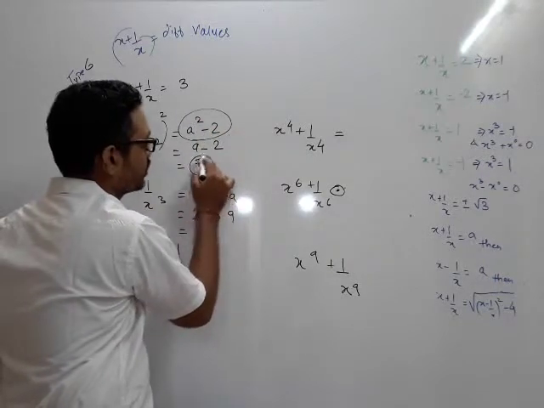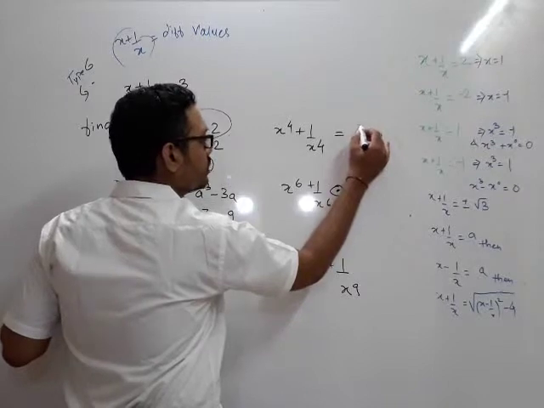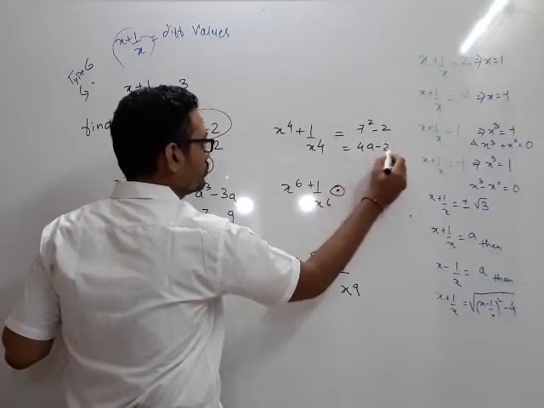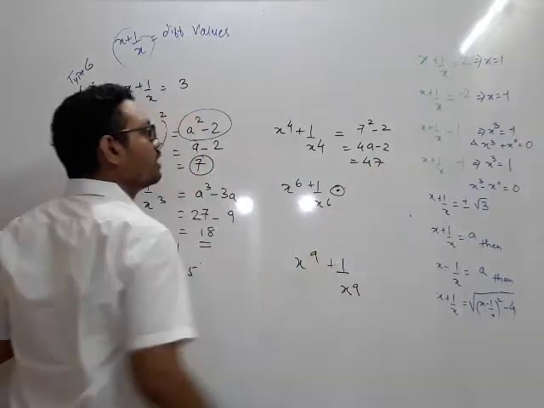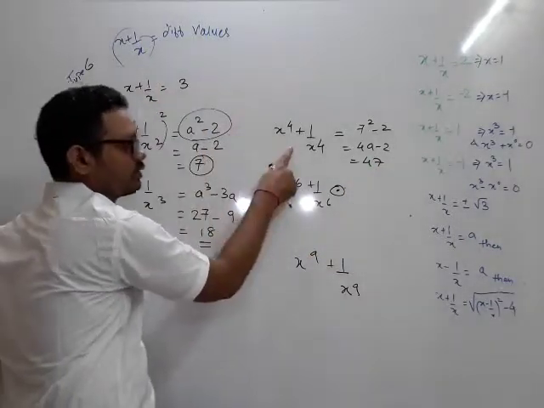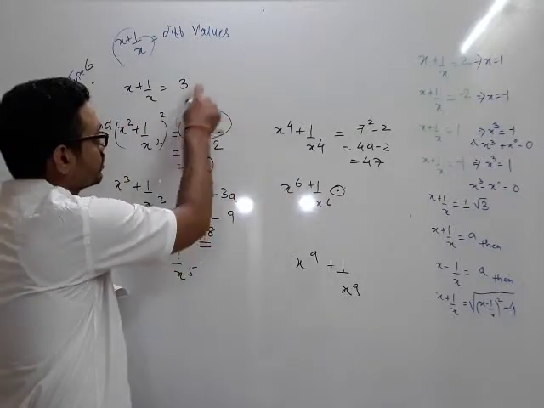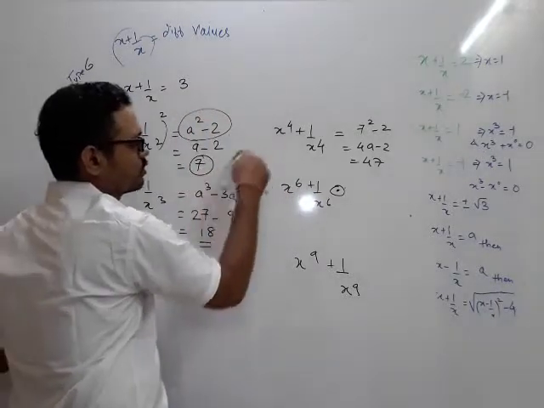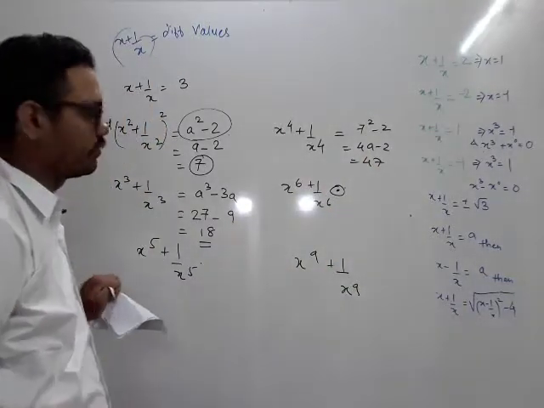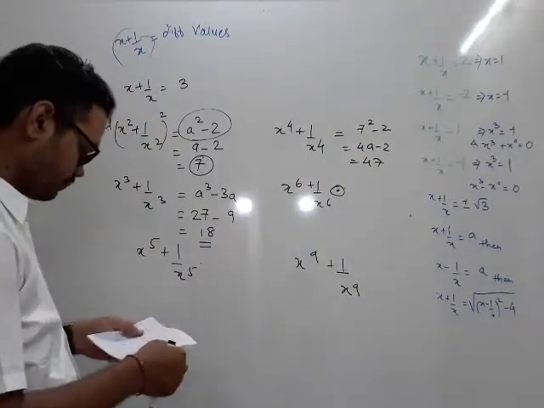What is the value of a here? 7. So it will be directly 7 square minus 2, which is 49 minus 2, which is 47. Let's say if you are asked in the examination x plus 1 by x is 3, what is the value of this? What you have to do is 3 square minus 2, 7. Then 7 square minus 2, 47. Two steps, orally you can solve it. Alright.